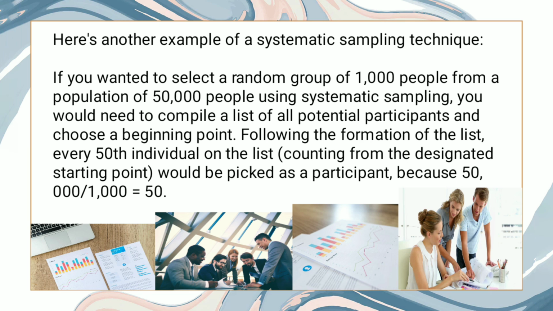Following the formation of the list, every 50th individual on the list, counting from the designated starting point, would be picked as a participant because 50,000 divided by 1,000 is equal to 50.